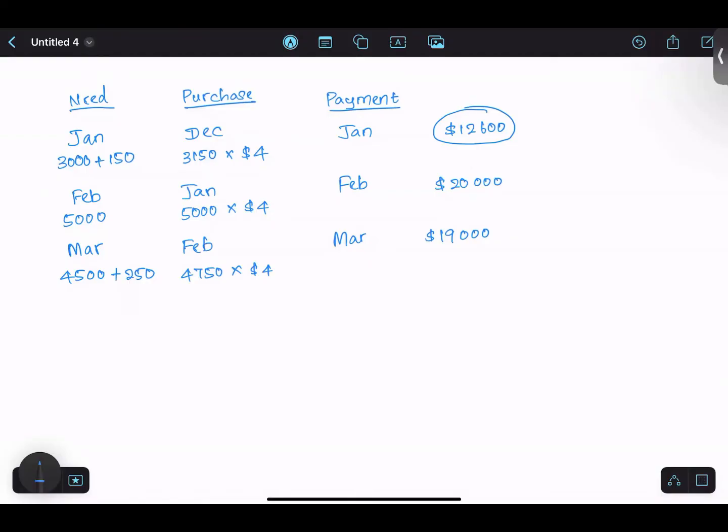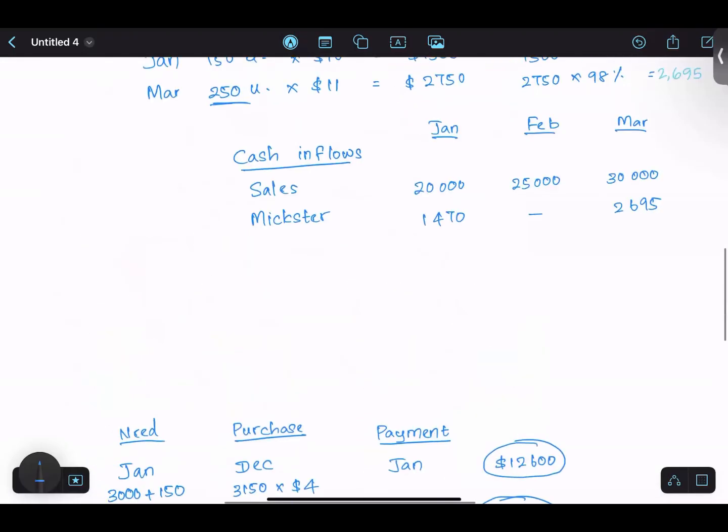So this 12,600 cash outflow will happen in January. For February's demand, you purchase in January and pay in February, so this 20,000 cash outflow will happen in February. For March, you purchase in February and pay in March, so this 19,000 cash outflow will happen in March.